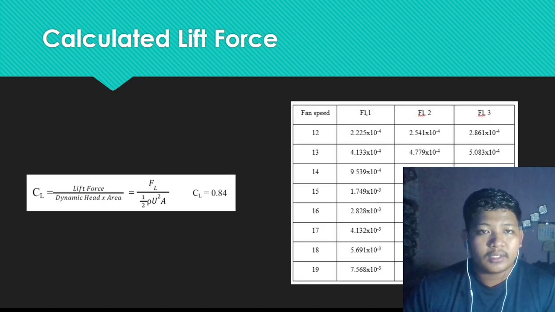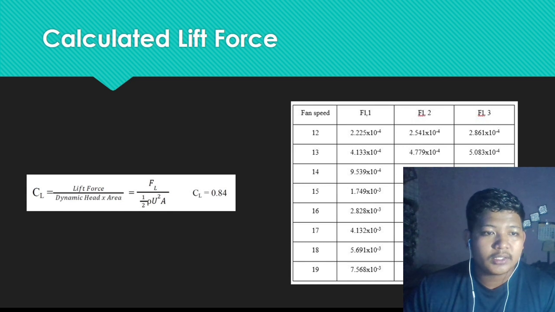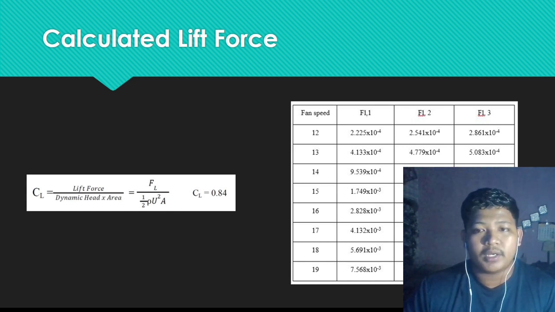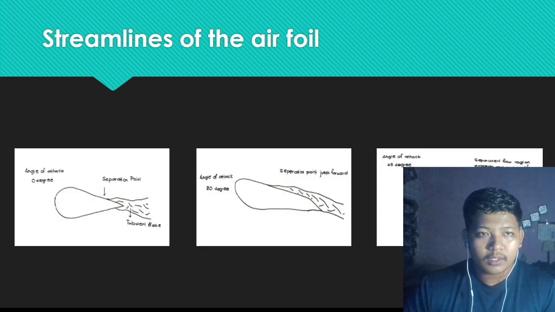And then calculated lift force, the formula is CL equals lift force over dynamic head times area. This is the sketch of the streamlines of the airfoil, with 0 degree angle, 35 and 40 degree angles.